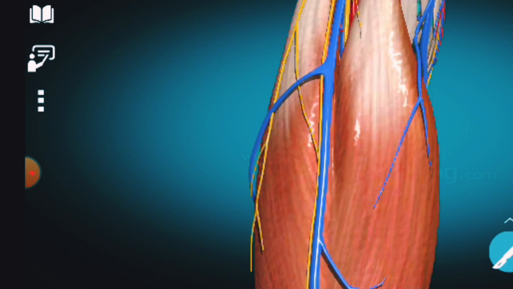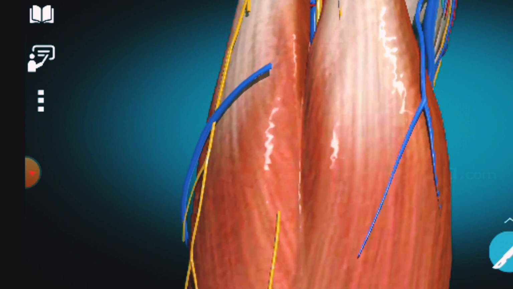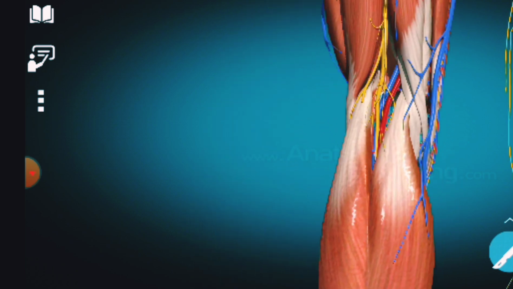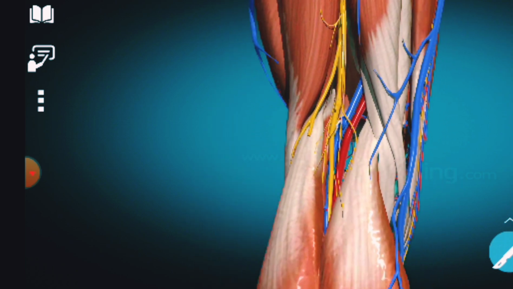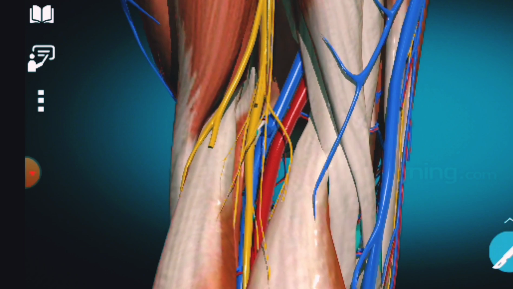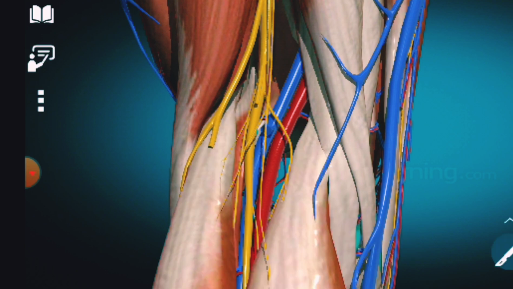So this is our fascia off, and you can have access to the vessels. So we remove the small saphenous and the nerves. Let's remove the nerves a little bit. So this is our gastrocnemius. This is the gastrocnemius muscle, arising from the popliteal surface above the medial femoral condyle as the medial head.